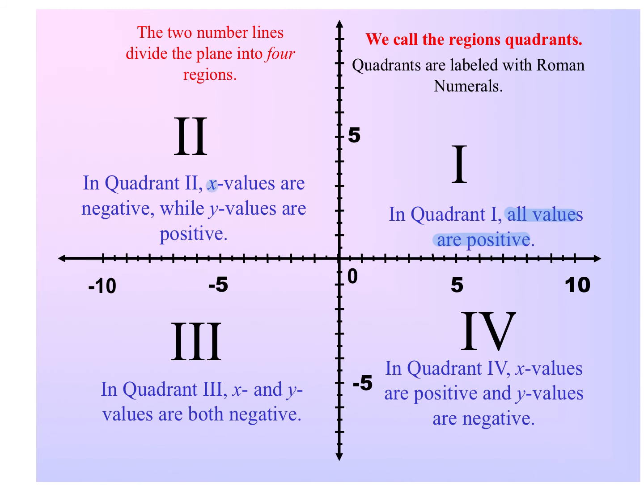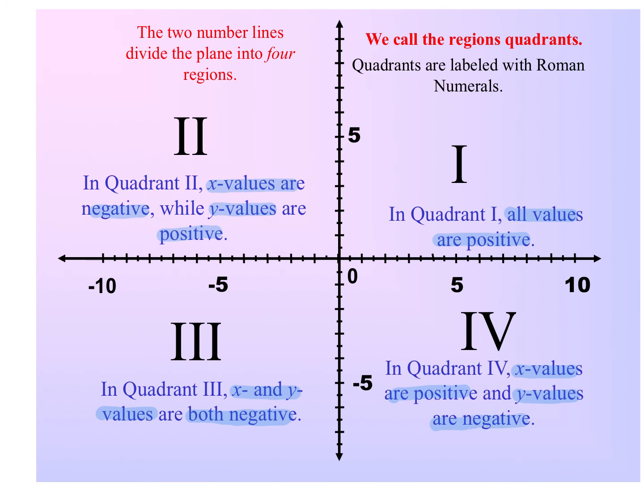Quadrant 2, the x's are negative, but the y's are positive. What do you know about quadrant 3? All of it is negative? All of it is negative. Both the x and the y values are negative. And how about quadrant 4? X values are positive and Y values are negative. Perfect. X are positive, y are negative.